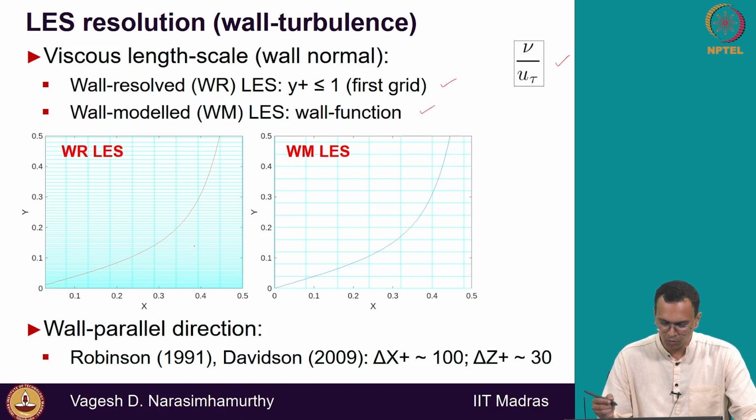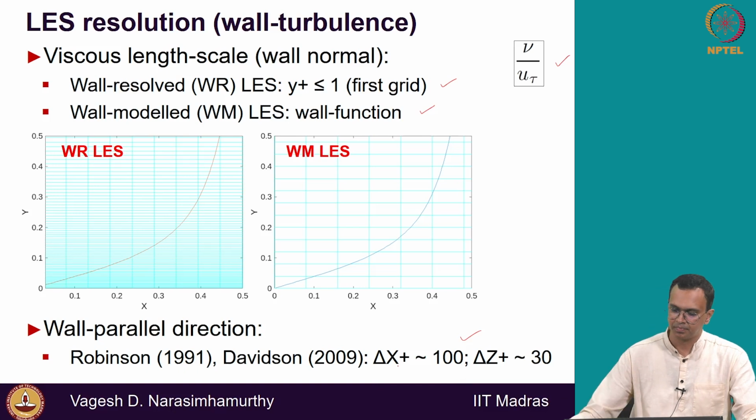And in wall parallel directions, literature tells that you can go with resolutions like this, delta x plus and delta z plus, going like 100 and 30 respectively, according to some reference articles, right.